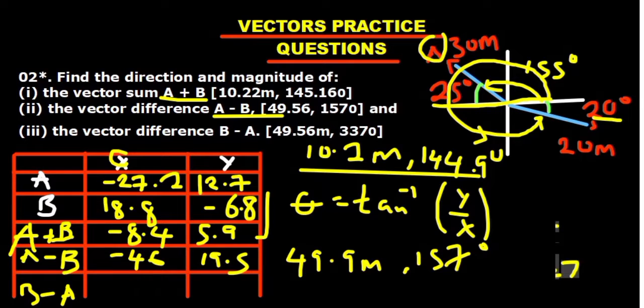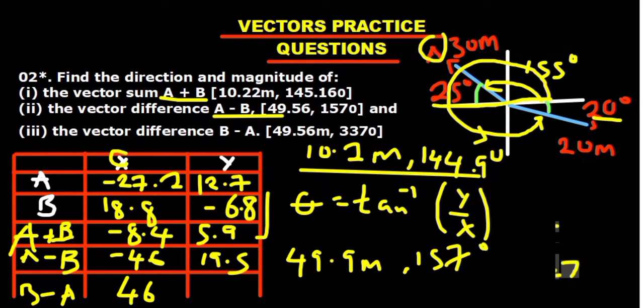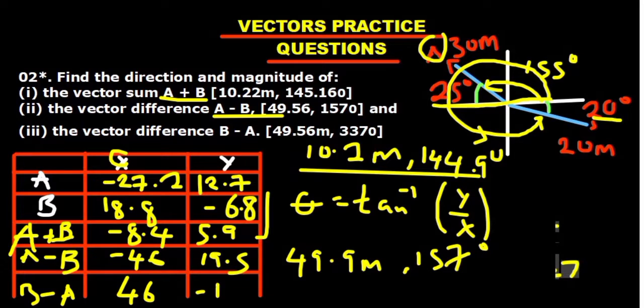We have 46, except it's positive this time around. Then negative 6.8 minus 12.7, negative 19.5. So we are just changing the signs.